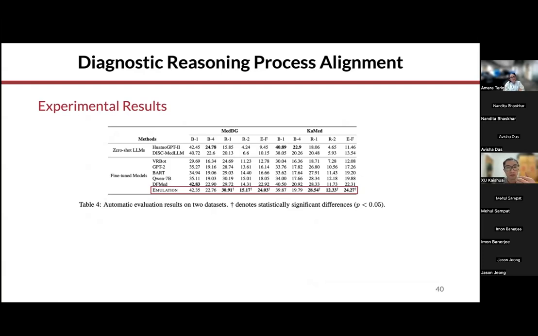So that is one of the reasons the BLEU metric is not very good. But the ROUGE and the F1 increase a lot. That shows our work can behave much better than the baseline models.